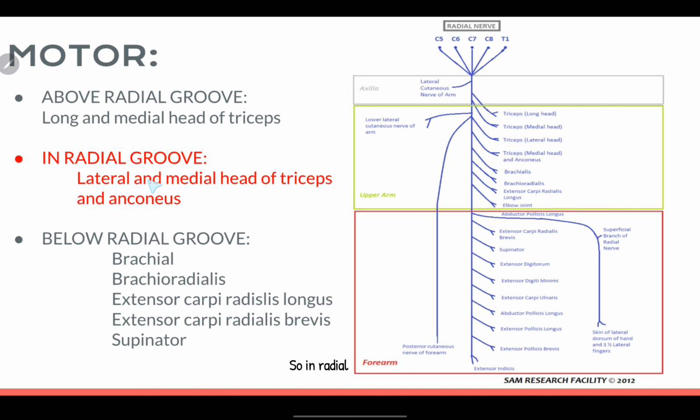In the radial groove, it is the lateral head of triceps, the medial head of triceps, and anconeus. Below the radial groove are brachialis, brachioradialis, extensor carpi radialis longus, extensor carpi radialis brevis, and supinator. So that is the below radial groove motor branches.